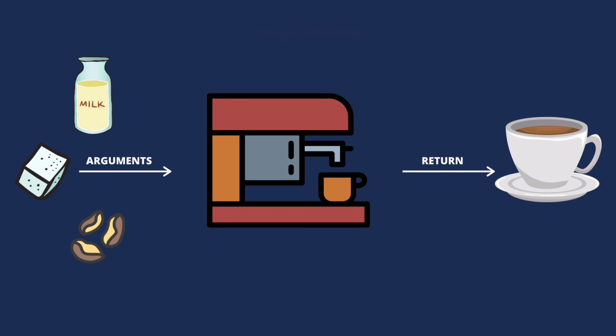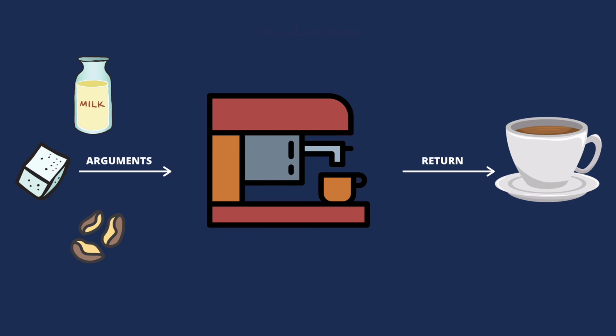So you should always think of a function to be something like a coffee maker machine. A coffee maker machine always needs milk, sugar and coffee beans to create a cup of coffee. So arguments here to the function coffee maker are milk, sugar and coffee beans.